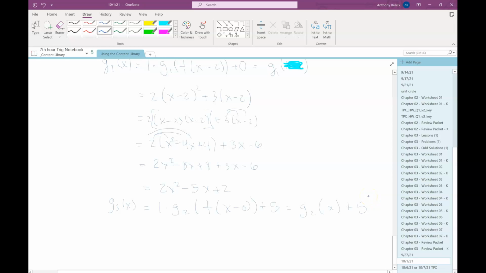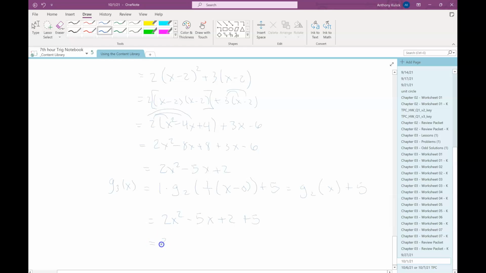Oh, well that's really easy. So my g2 of x is 2x squared minus 5x plus 2. And then I just have the plus 5 at the end. So I just add that together. 2x squared minus 5x plus 7. That one was really easy to do.